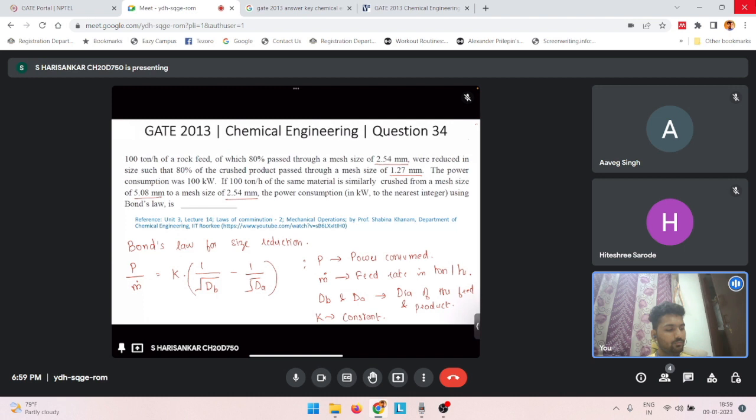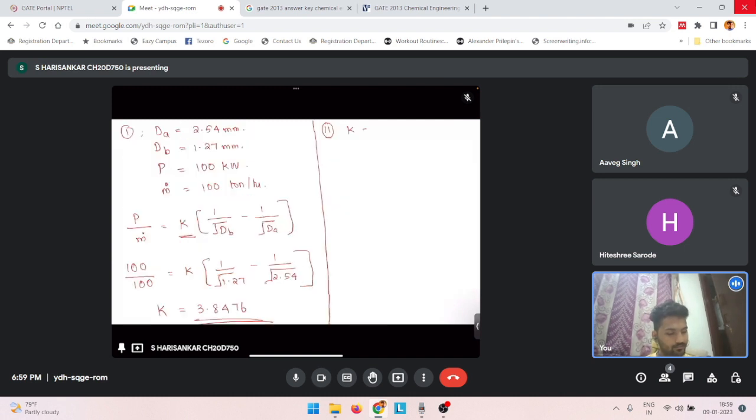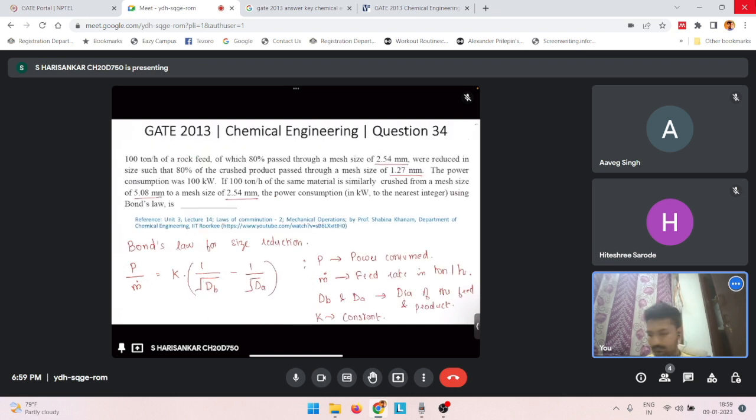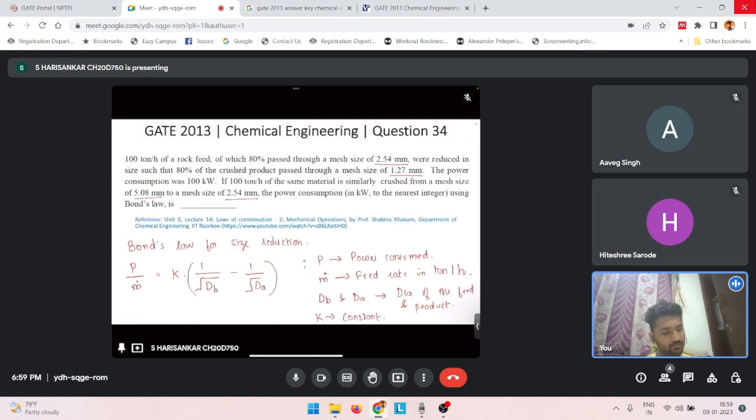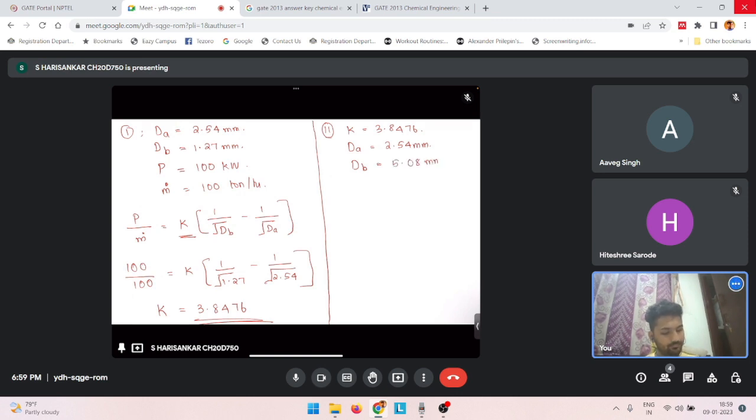So now we have the value for K, which is 3.8476, and in the second case dA is 2.54 mm and dB is 5.08 mm, and the power P is the unknown here, and the mass flow rate m dot is given as 100 ton per hour.